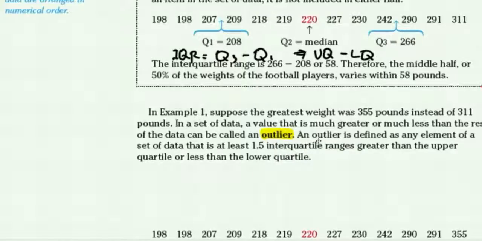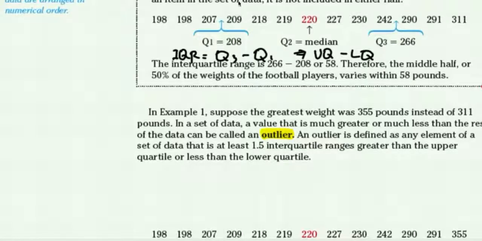We define an outlier to be any element of the set of data that is at least 1.5 interquartile ranges greater than the upper quartile or less than the lower quartile.